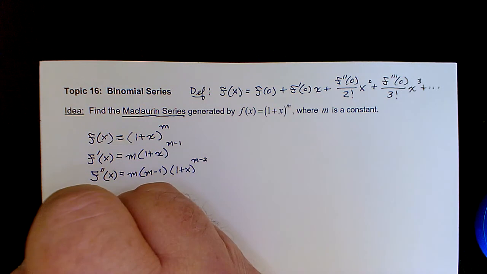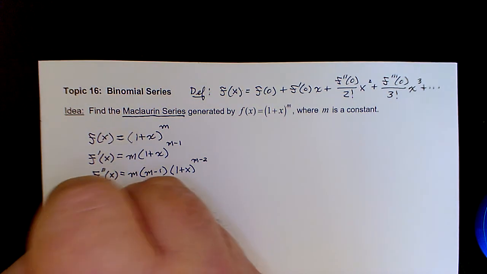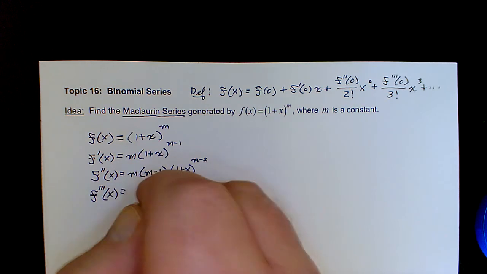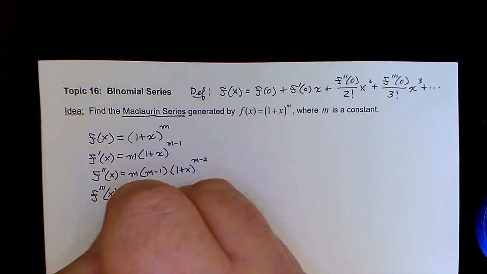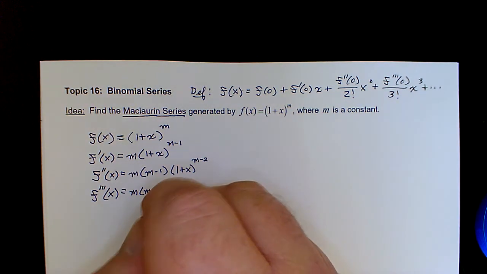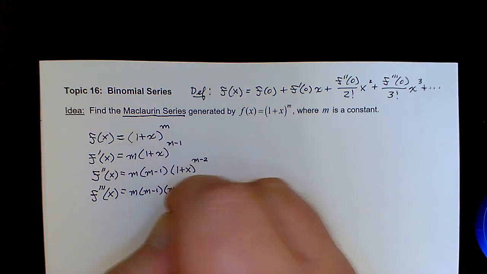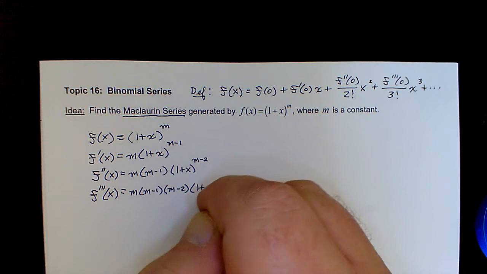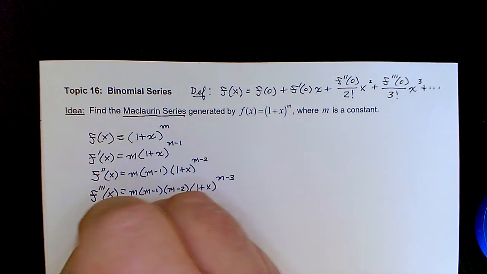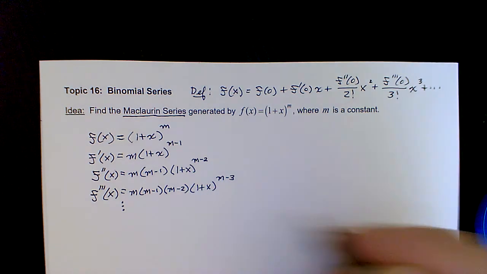So let's do one more derivative. f triple prime of x: m and m minus 1 are constants, so they tag along in the differentiation process. The general power rule again swings down m minus 2, with the same quantity, 1 plus x, to the power m minus 3. And then, of course, you can continue.